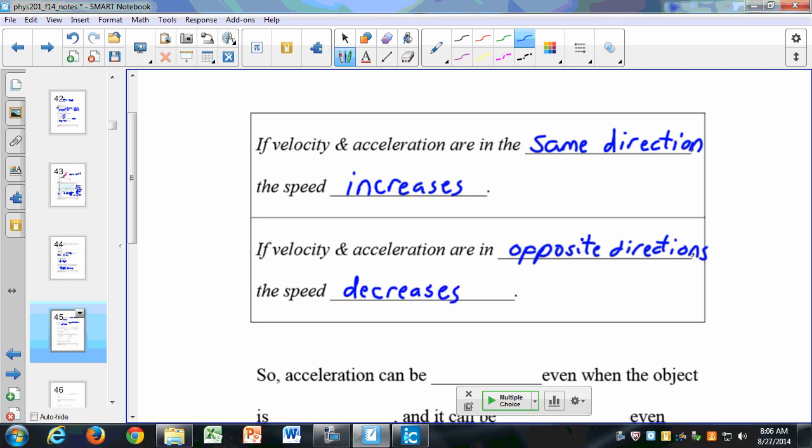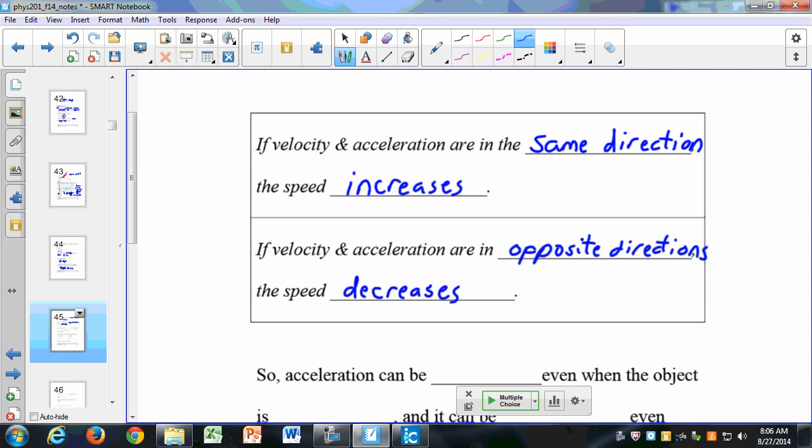What that means is that a negative acceleration does not necessarily mean slowing down. Right? A negative acceleration can mean speeding up, if what is true? When can a negative acceleration mean speeding up? If what? Right, if the velocity is negative.